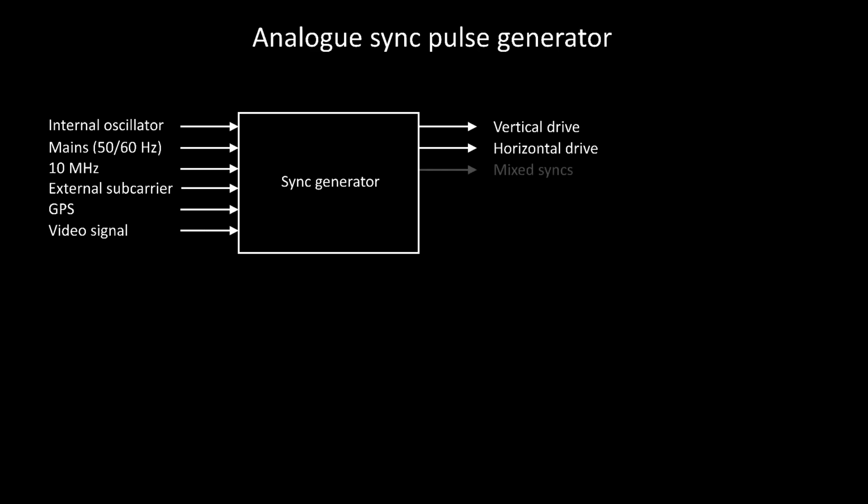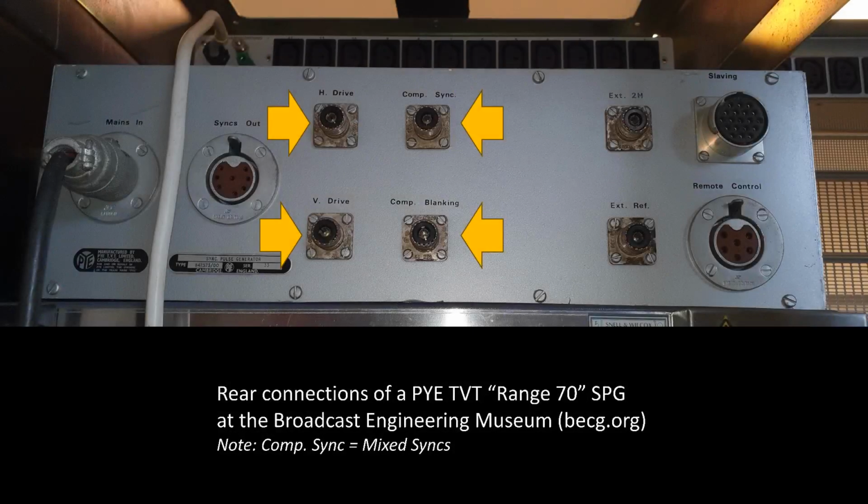Next up we have mixed sync, which is sort of a combination of the vertical and horizontal drive. In short, the mixed sync is a valid monochrome video signal of a black screen. Last up we have the composite blanking, which defines the visible area of the picture, and that is it for monochrome sync signals. And by the way, here they are on the back of an actual monochrome SPG.